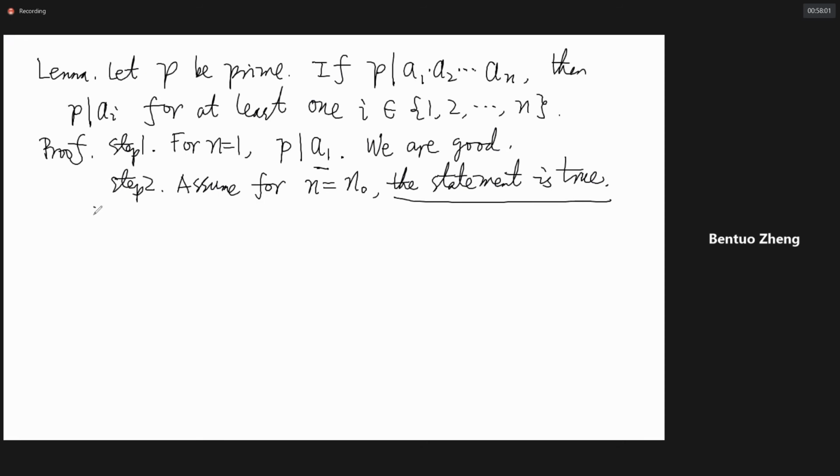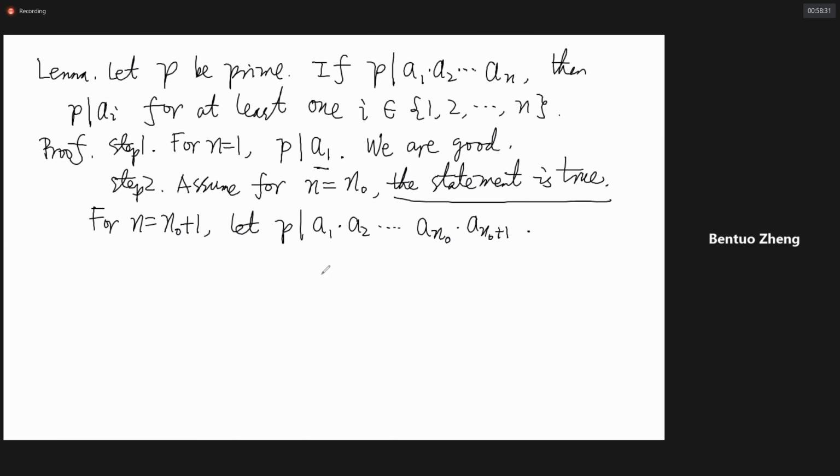Now for n equals n0 plus 1, let P divide A1 times A2 times ... times An0 times An0+1. Okay, so we want to show P divides at least one of them.